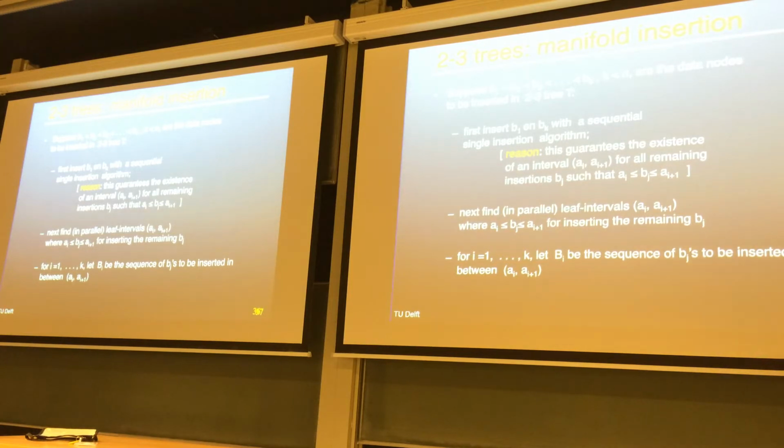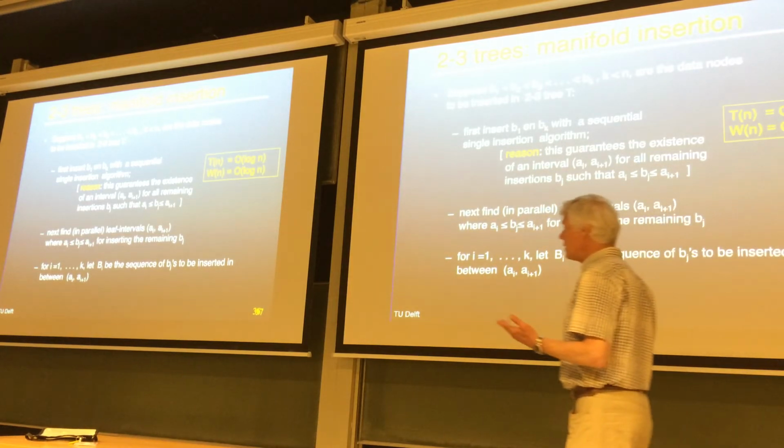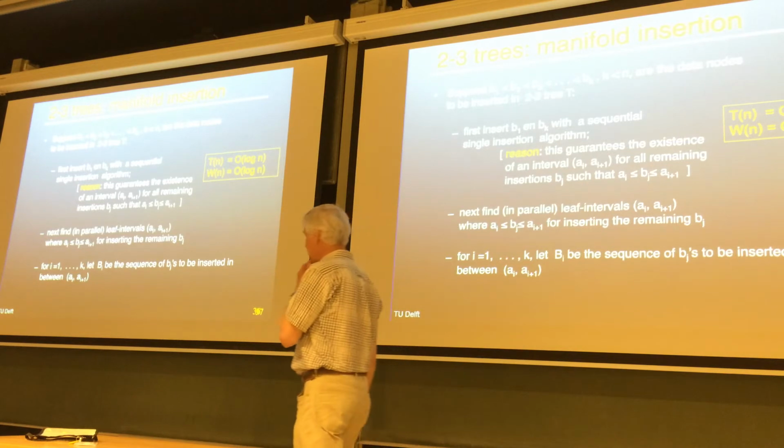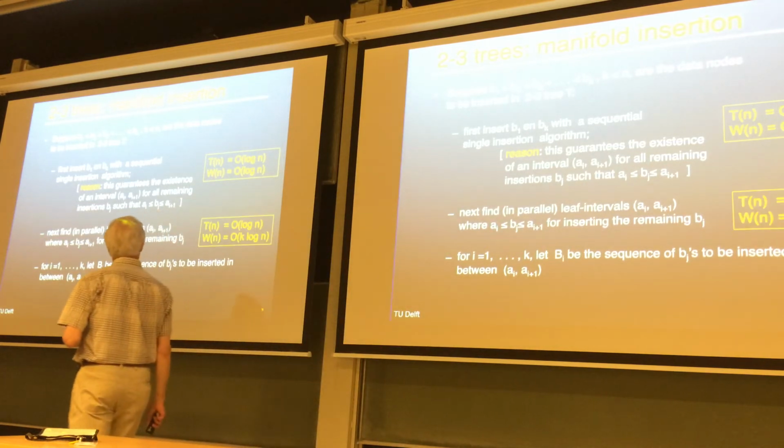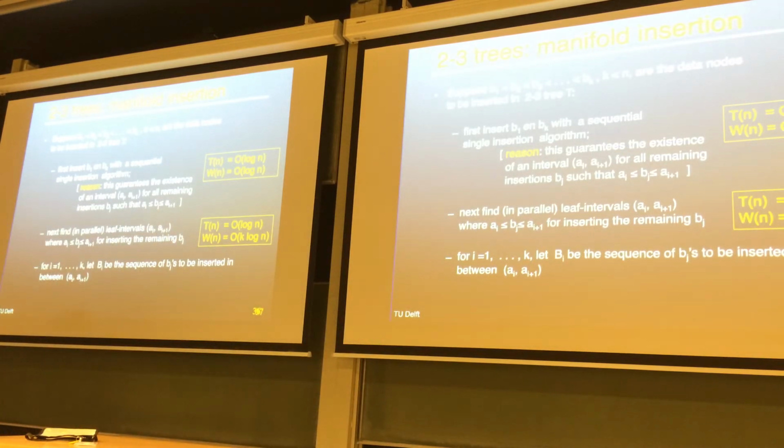And again, I will tell you we can be happy and we can be very unhappy. Why could we be happy and why could we be unhappy? Well, if you look at this phase, first inserting two elements here will cost you O log n time, O log n work.